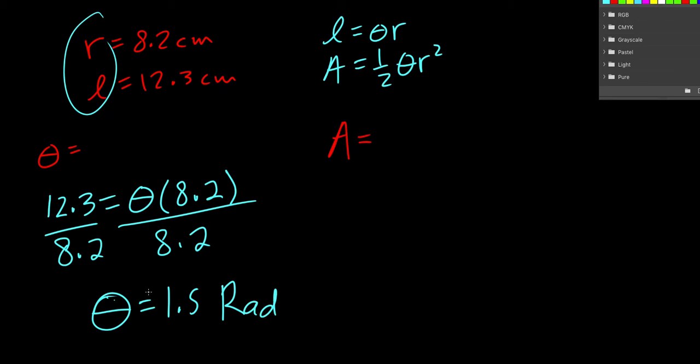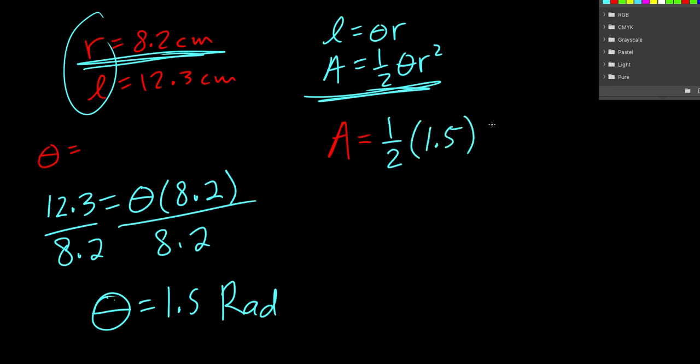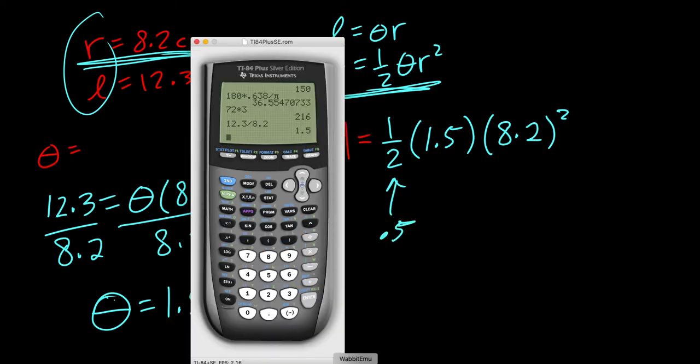Now we're going to use this theta and this R in this equation. So we get 1/2, theta was 1.5, and then R is 8.2, and we square that. I'm going to think of this just like 0.5 when I put it in my calculator.